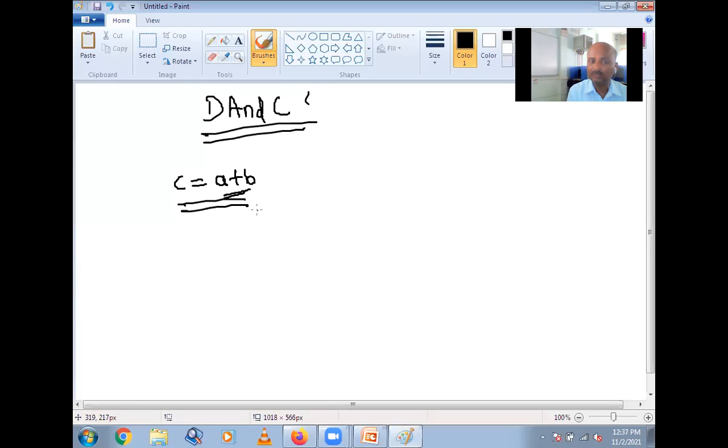While writing this algorithm, you have divided it into a number of steps. First step is start.